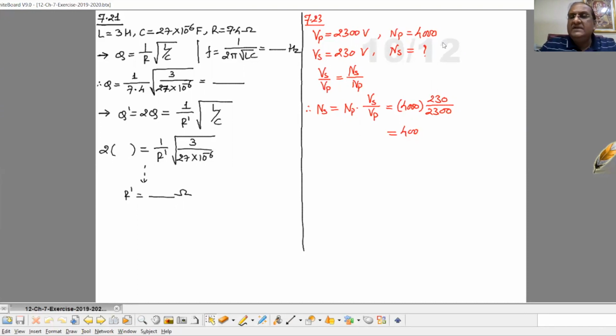Now we know this thing, if choke coil, after all it is coil, is used, then the power dissipation in it can be minimized, because in case of choke coil, the power factor cos phi will be equal to 0, and therefore we use choke coil. And if we use resistor, then the dissipation of power in the form of heat will increase. So to minimize this one, we use choke coil. Clear to all of you?